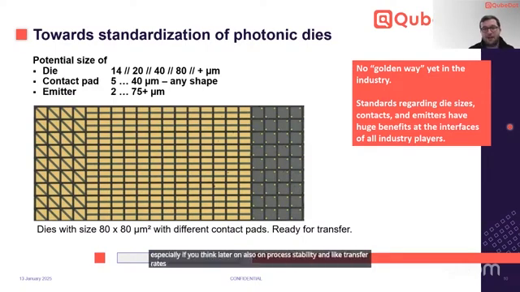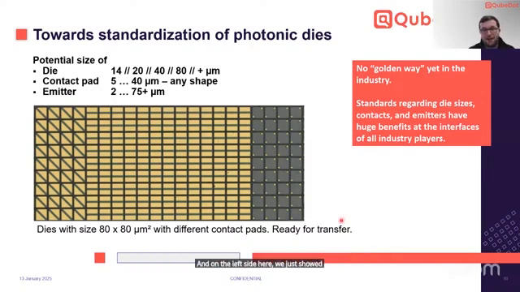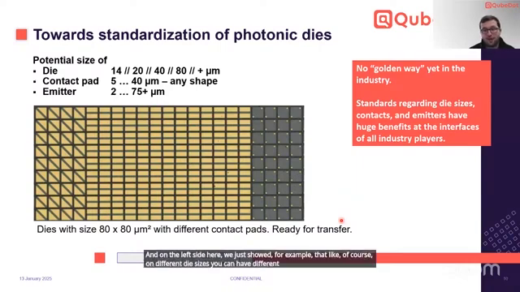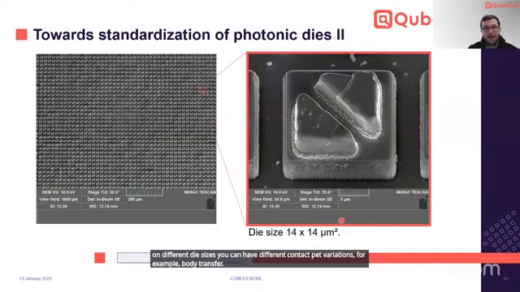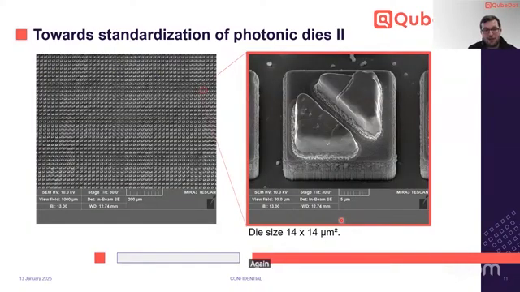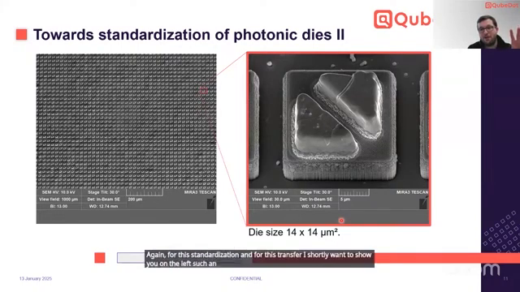And on the left side here, we just showed, for example, that of course, on different die sizes, you can have different contact pad variations, for example, ready to transfer. Again, for this standardization and for this transfer, I shortly want to show here on the left such a bumped photonic elements wafer.